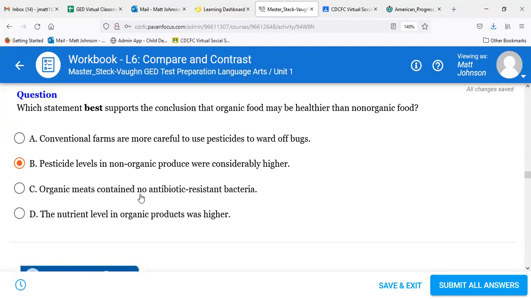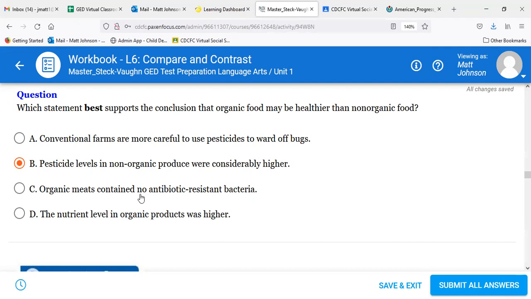So with these types of exercises, try to mentally, or if you get some more practice, and I might put up some extra practice tests for you, mentally or even physically make a box, and you could have the non-organic foods on one side and organic foods on the other, and then write down some of the things that you see, as far as comparing and contrasting the two.